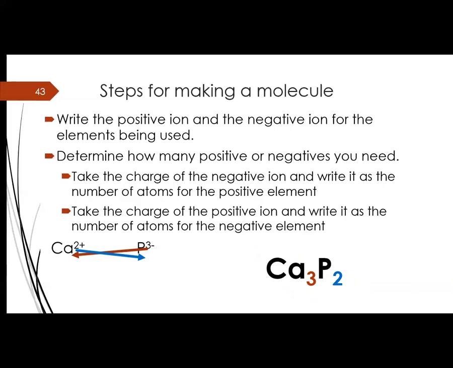This tells us how many calciums we need and how many phosphoruses we need. Because if we check this, we would have 3 calciums, each one a 2+, and 2 phosphoruses, each one with a 3-. So that becomes 6 plus minus 6, which is going to be a 0. So we are going to be balanced there.